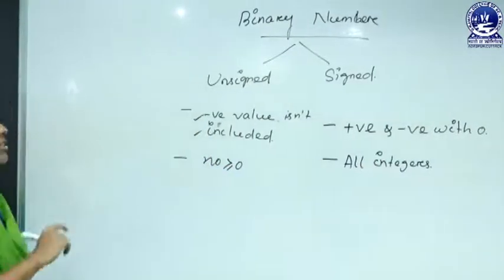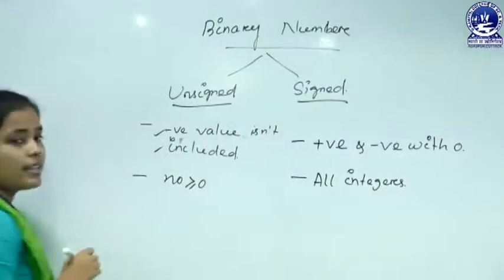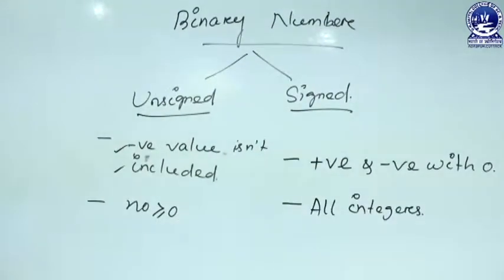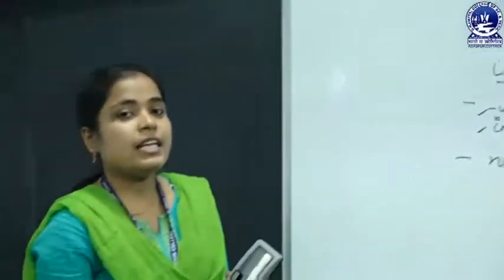These are the fundamental differences between unsigned and signed binary numbers. Signed numbers can be positive and negative both, like our body temperature, which can be in positive sign or in negative sign.